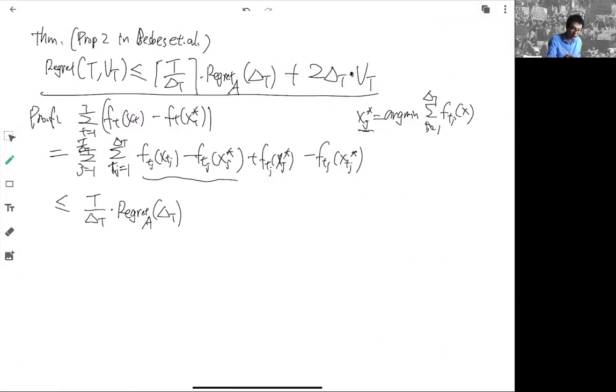Okay, and how about the second term? In the second term, we're going to try to bound it using the path variation and delta t at the same time.